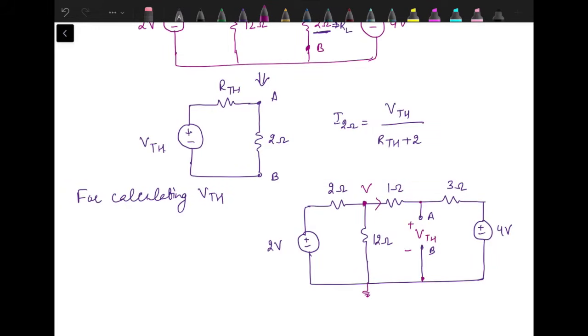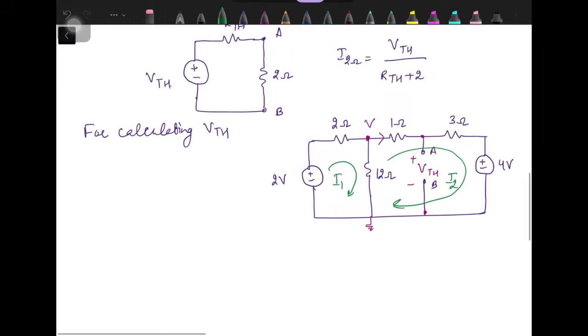Or you can simply apply mesh analysis by assigning I1 current to this mesh and I2 to this mesh, and then VTH can be found by applying KVL to either this open loop or this open loop.